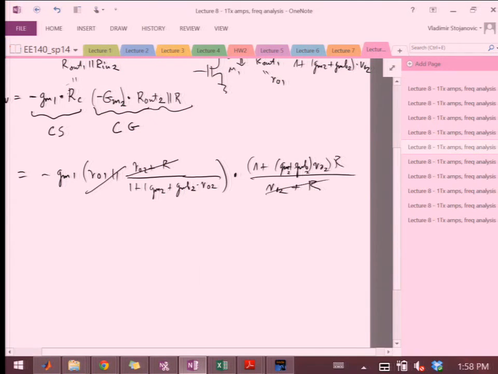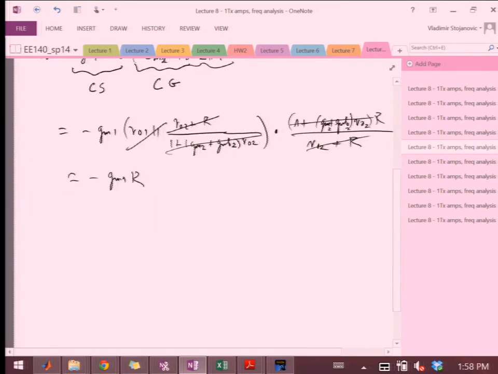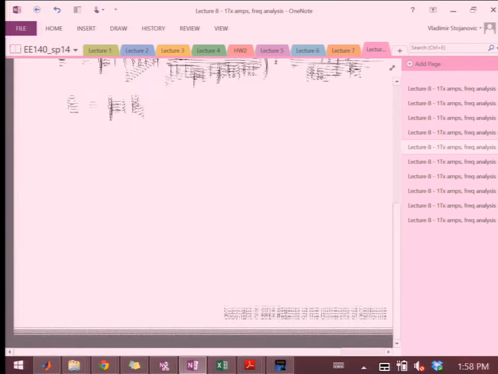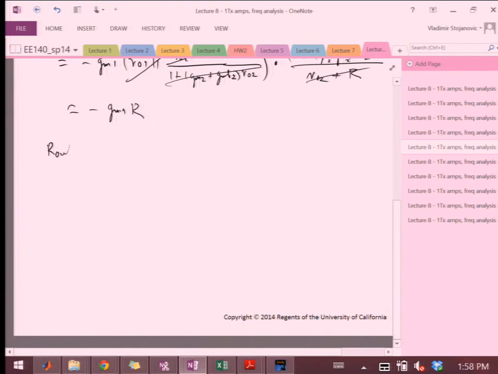These two will cancel out. In this one, this part is exactly the same as this one. So I'm really just left with minus GM1 times R. Now, this just tells you that even with these really fancy additional elements, my gain is really just minus GM1R.